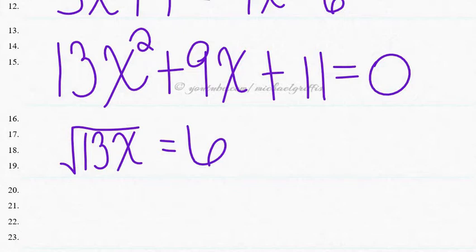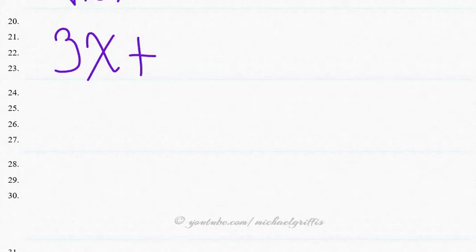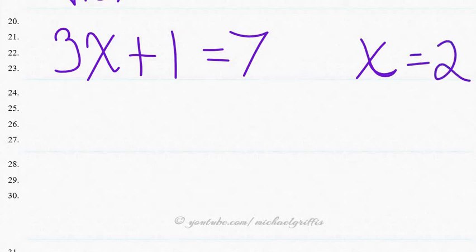Let's now look at some where we want to find all the values of x for which the equation is true. In other words, we want to solve for x. Three x plus 1 is equal to 7. Okay, so we want to find the solution. I'm just going to tell you that the solution, and we'll get to it shortly, is 2.